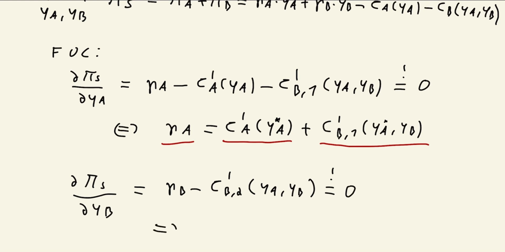And if we rearrange this, we end up with pb being equal to cb2 prime ya yb star. Okay, because now we consider the optimal quantity of fish in equilibrium.